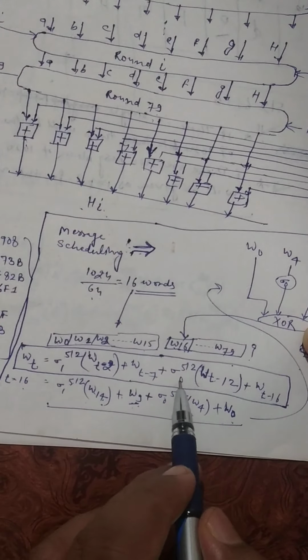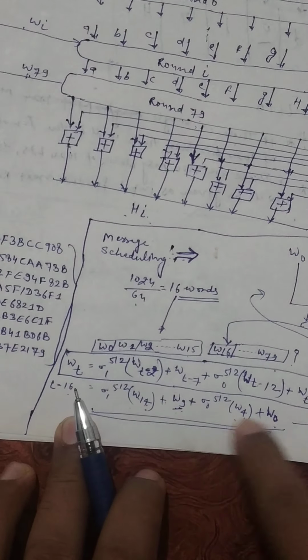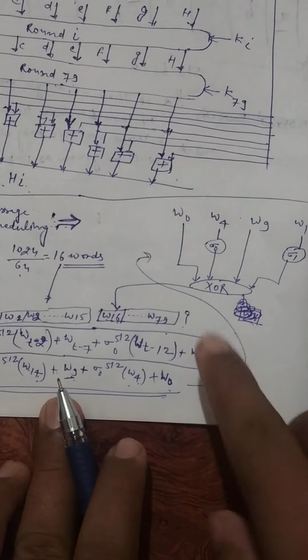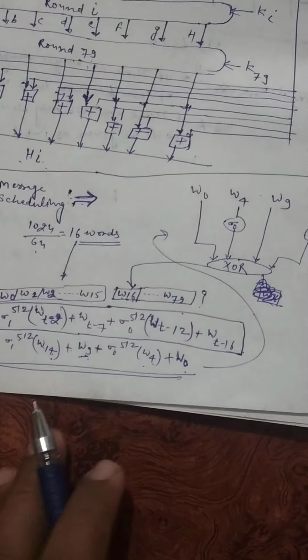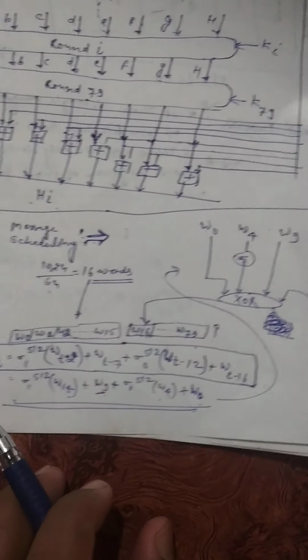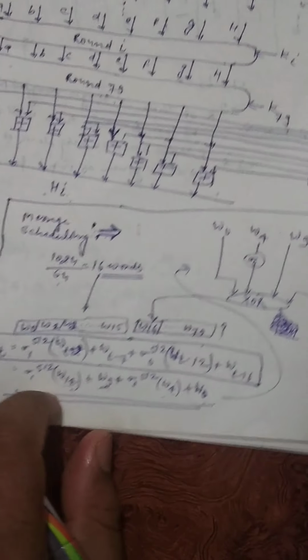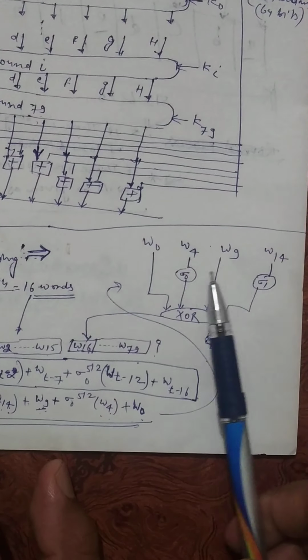How many previous words are needed? Because 16 words, W0 to W15, already exist, we need 4 words: W0, W4, W9 and W14. I have written all of them here.